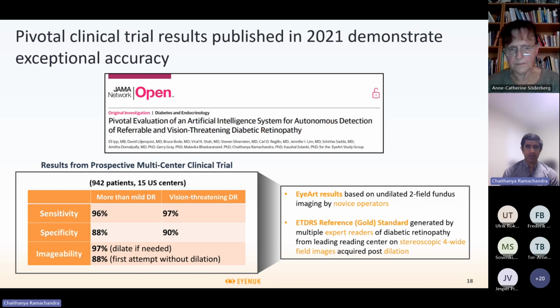That's what you would define as vision-threatening DR. So from all these studies, we believe that IART is definitely safe and effective. And we also believe that it's probably one of the most validated AI technologies out there for DR screening.